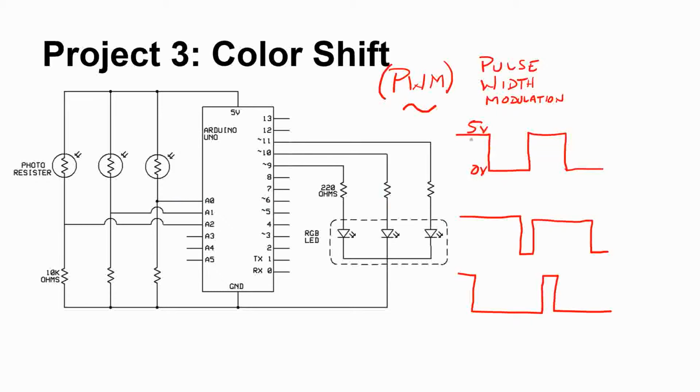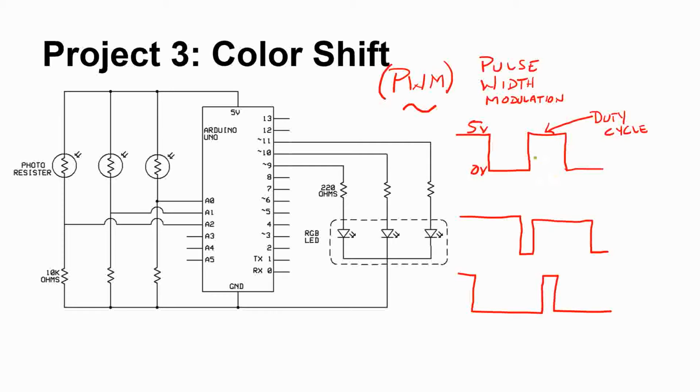The percentage of time that this is on is what's called the duty cycle. So I'll put an arrow here to say this is the duty cycle. For example, say we have a fixed period of time of 1 second, and the power is on for the first half of that second and off for the other half, then we would have a duty cycle of 50%.